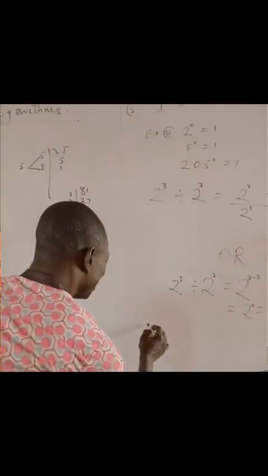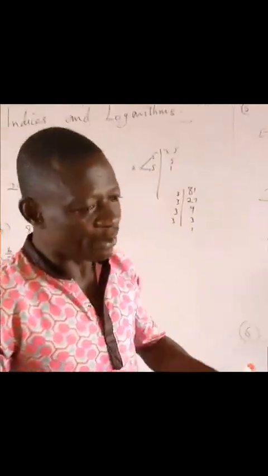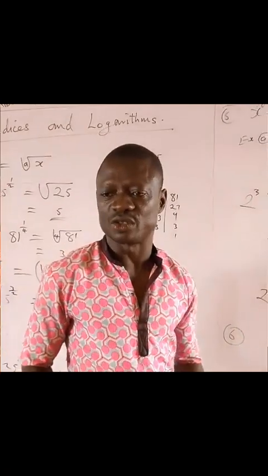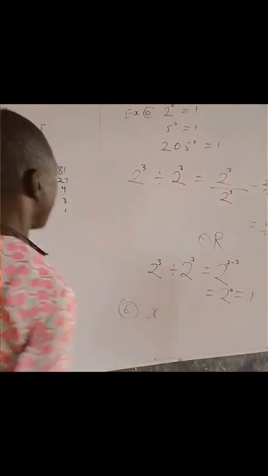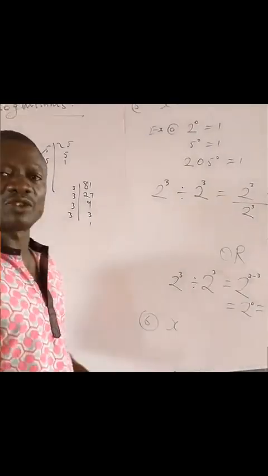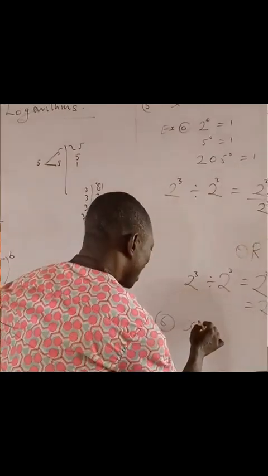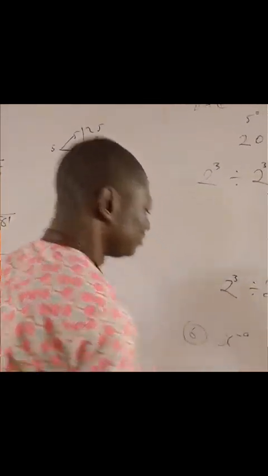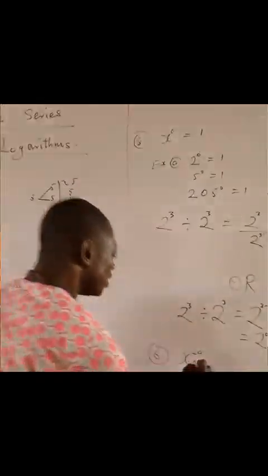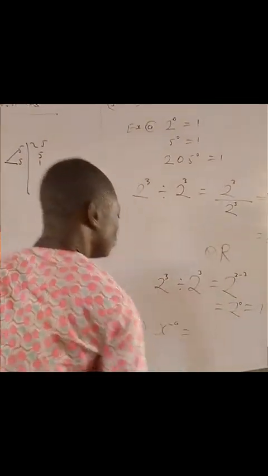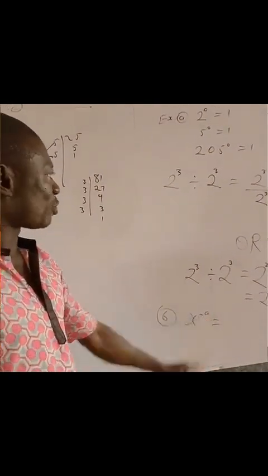Law number 6 comes with a different approach, a different solution to calculation. Assuming we have a number raised to the power of a negative number, what do we do about it? Assuming we have x raised to the power minus a, first of all, change this negative sign to become positive.